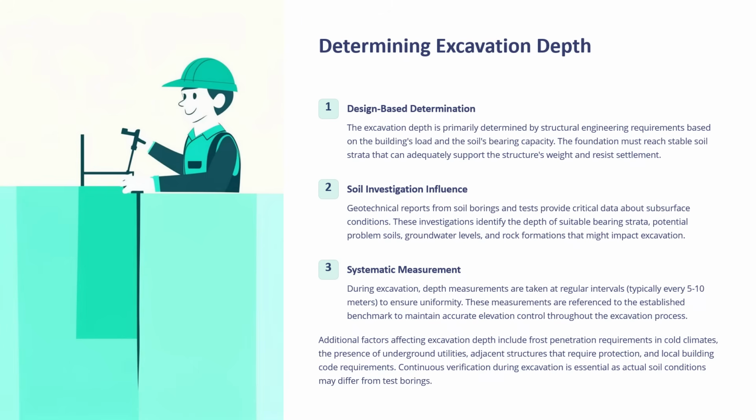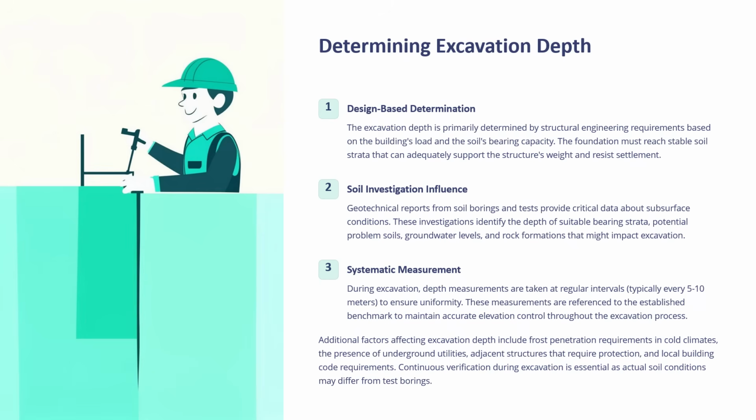So determining excavation depth is very important, and for that you may have to use any of the following three methods. First method is design based determination. The excavation depth is primarily determined by structural engineering requirements based on the building load and the soil bearing capacity.